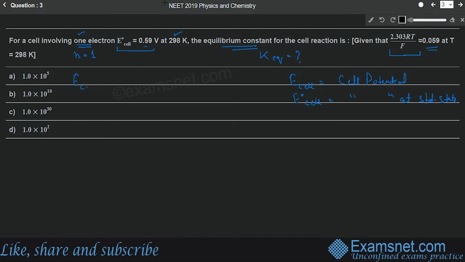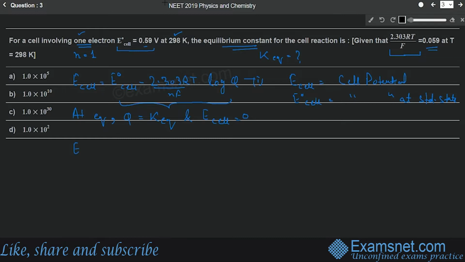E cell is given as E naught cell minus 2.303 RT by NF log Q. Now we know that at equilibrium, what happens? The value of Q becomes equal to equilibrium constant and the total cell potential, that means E cell, becomes 0. Okay. So this full expression will become 0.